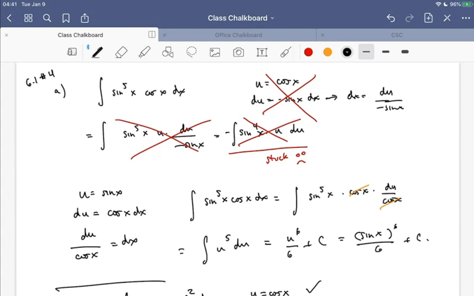Okay, so there's that. Then let's see what else to mention. Oh, I should also mention that u substitution is probably one of the hardest things that you learn in Calc 1. Okay, and it was the hardest thing for me when I learned Calc 1.